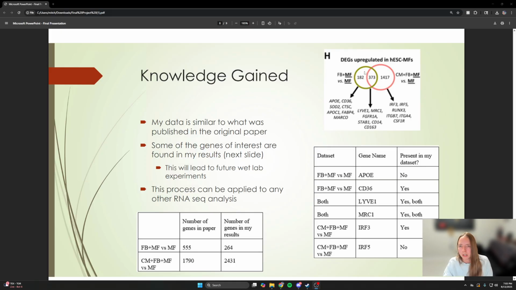And they did tell us how many upregulated genes they found in this group and how many upregulated genes they found in this group. And then I went through my results to see how many upregulated genes I ended up with.